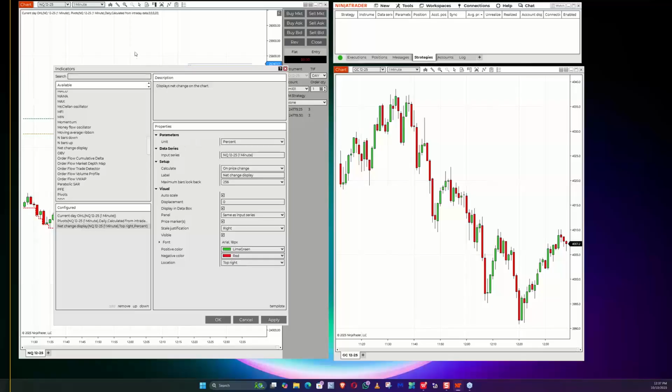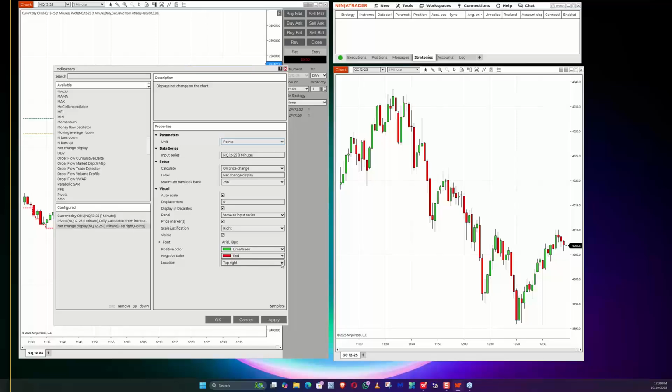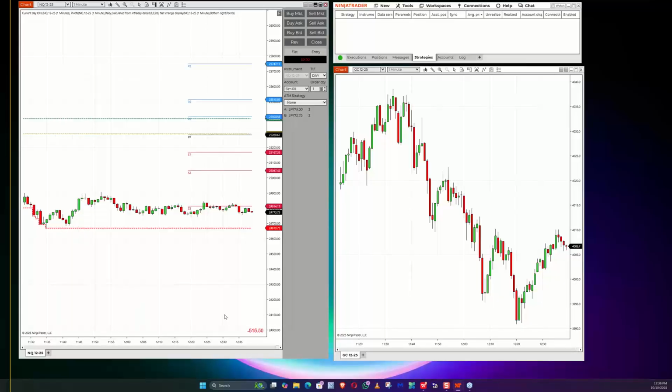So if I'm trading the NQ, it's points. So the unit is points. I'm going to locate the net change display bottom right, where it's out of the way of any labels or anything that might show up on the chart. I'm going to apply it and okay it.